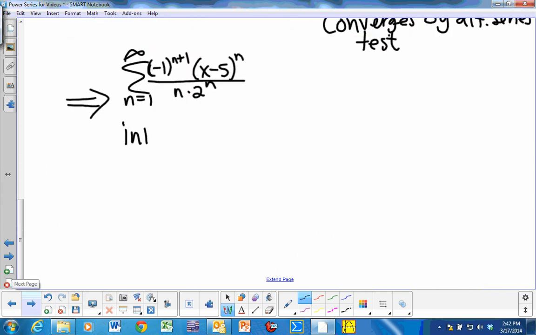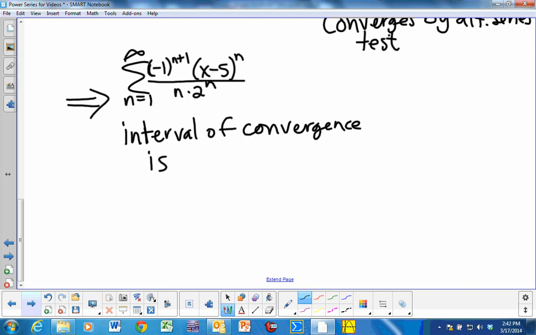So we say the interval of convergence is, now we said 3 did not work, 7 did work, so you'll have parenthesis on 3, bracket on 7, and then the radius of convergence is 2.